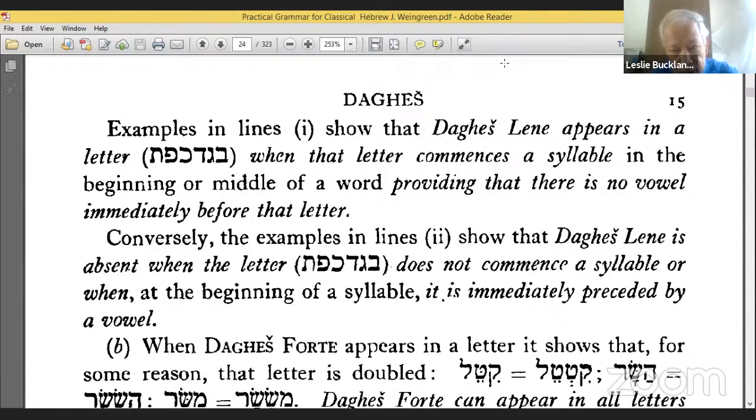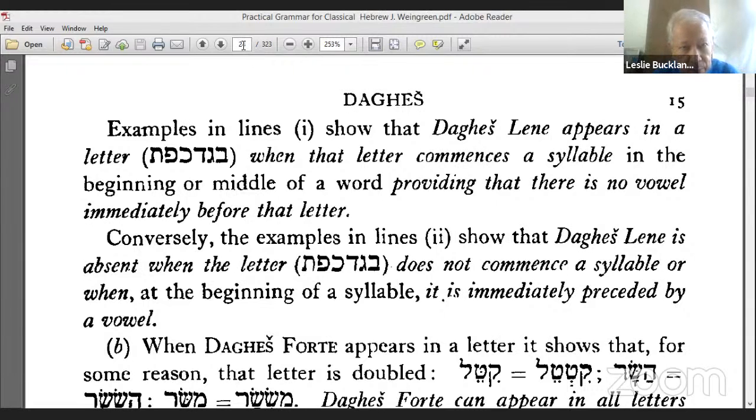Now we have a Hebrew grammar textbook that you will be able to access on the JSP Google Drive. And I want you to notice that on page 24, it deals with Dagesh Lenny.